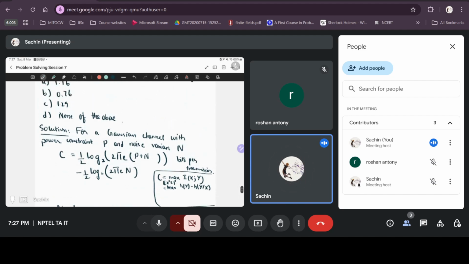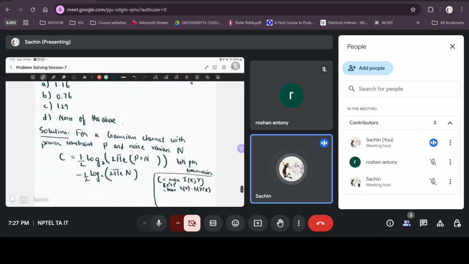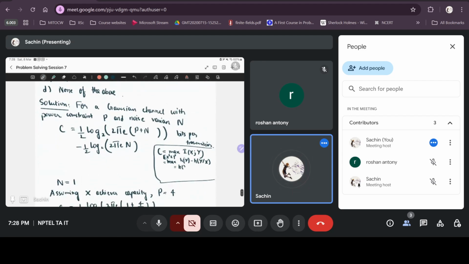But Y is Z plus X. So h of Y given X is h of Z plus X given X. But given X, there's no uncertainty in X, so the uncertainty in Z plus X is only from the variable Z. So h of Z plus X given X is h of Z given X. But Z is independent of X. So this becomes h of Y minus h of Z. And this Z is independent of X, so it does not depend on the input distribution, max over all input distributions.